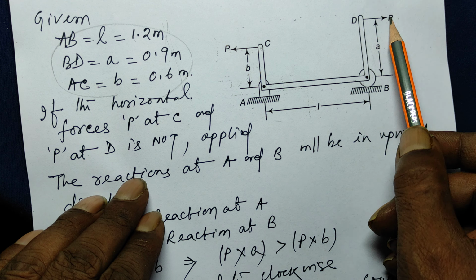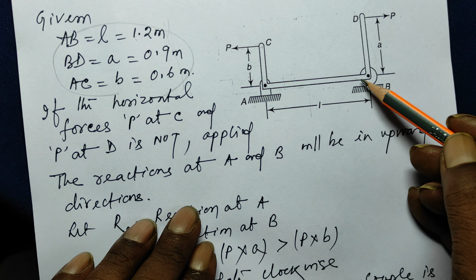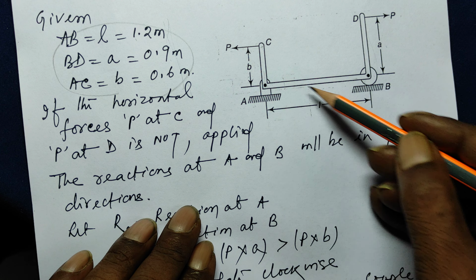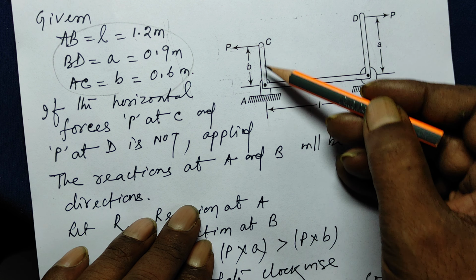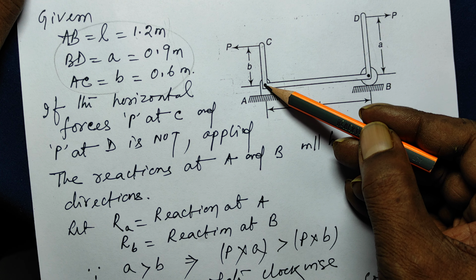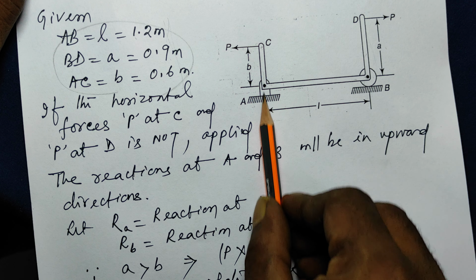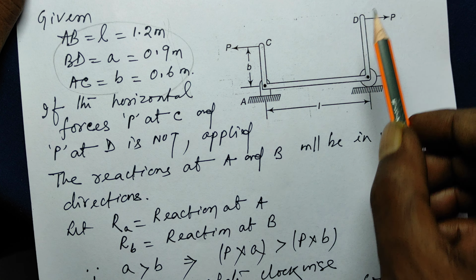Suppose these two horizontal forces are not applied, then the reaction at A and the reaction at B will be vertically upward due to the weight of the rigid bar. The reaction at A and the reaction at B will be vertically upward, provided these two forces are not applied.